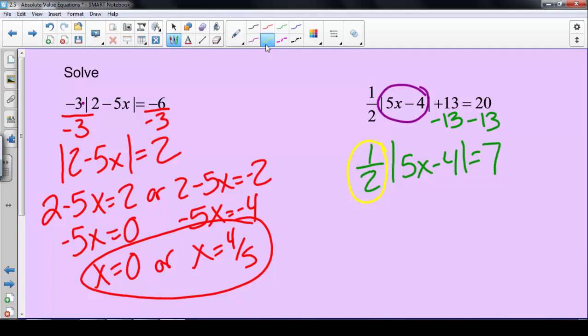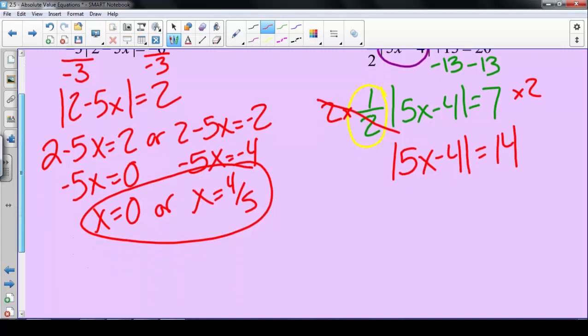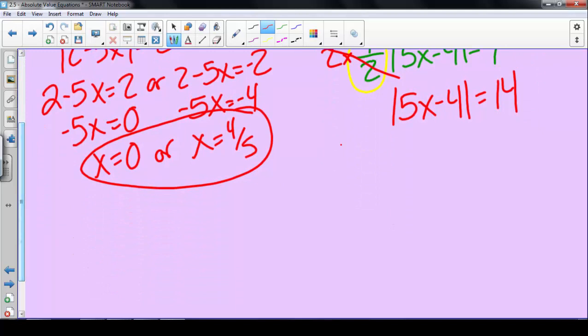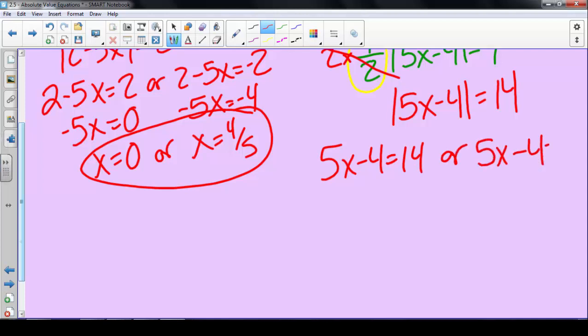So to do that, we can multiply both sides by 2. Those are going to cancel out. We have absolute value of 5x minus 4 equals 14. So now we can do 5x minus 4 equals 14, or 5x minus 4 equals negative 14.